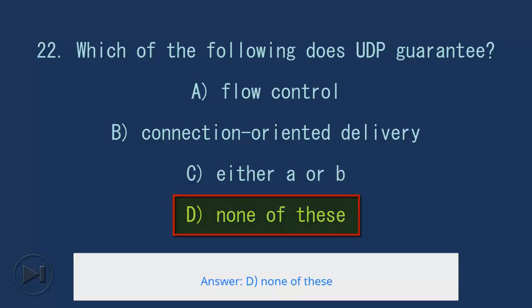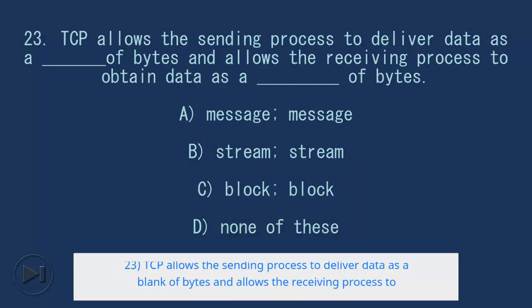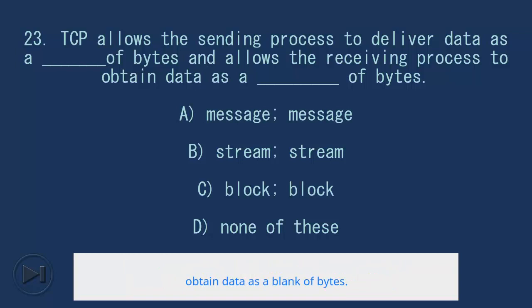None of these. 23. TCP allows the sending process to deliver data as a blank of bytes and allows the receiving process to obtain data as a blank of bytes. A. Message, message. B. Stream, stream. C. Block, block. D. None of these.